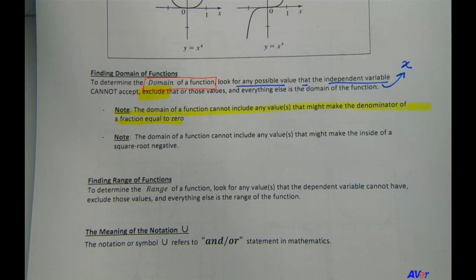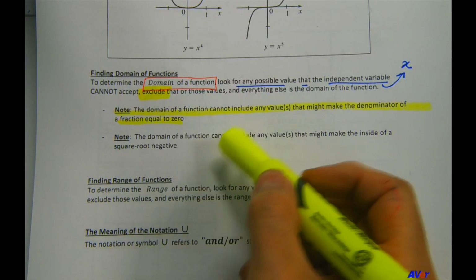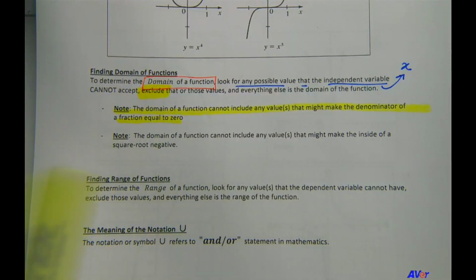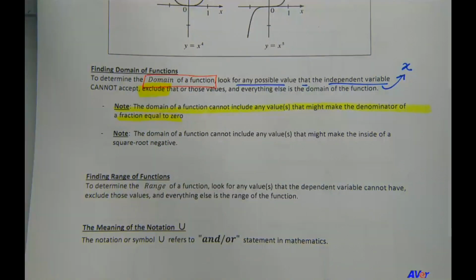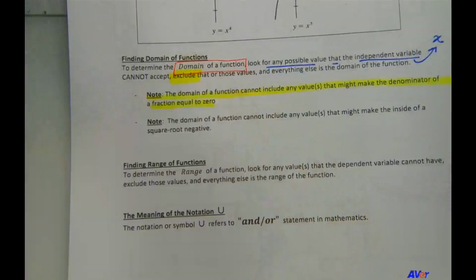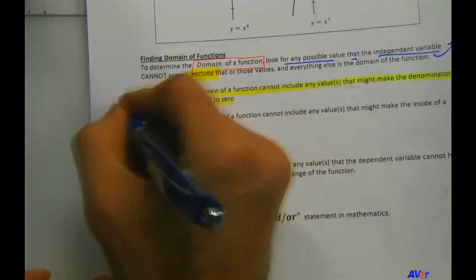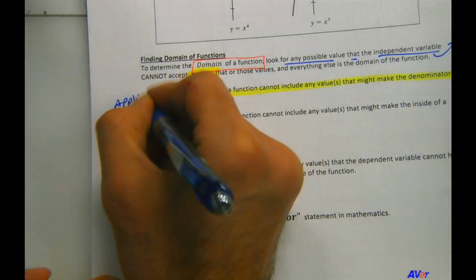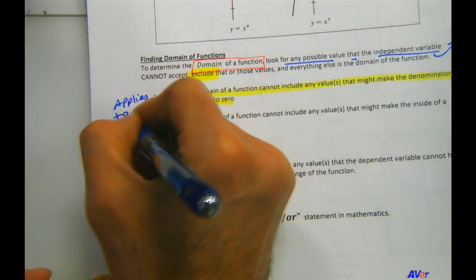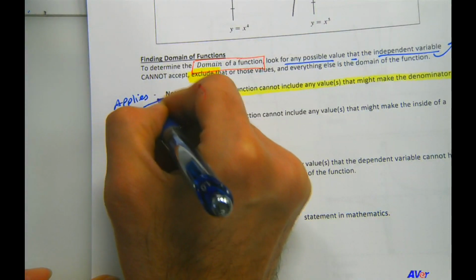So to find the domain, you find what values x cannot accept and exclude those, and then you have the domain of the function. So the first note has to do with fractions.